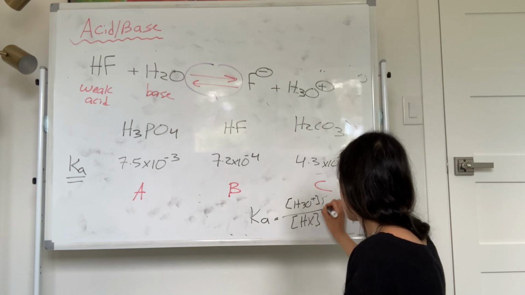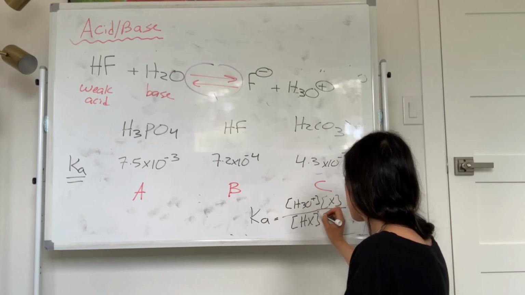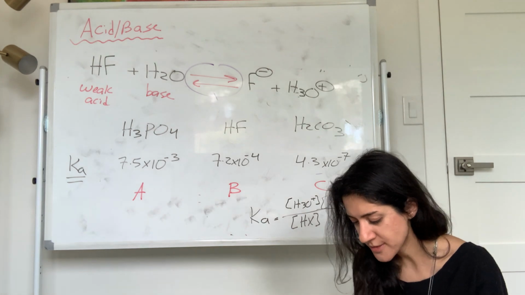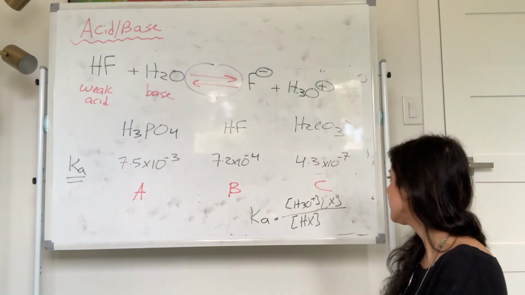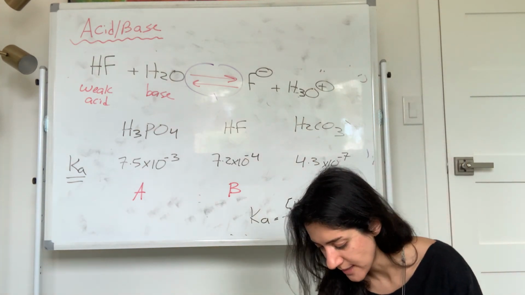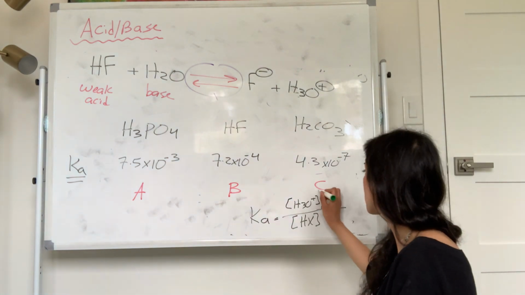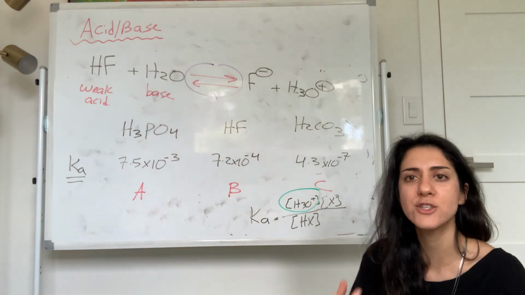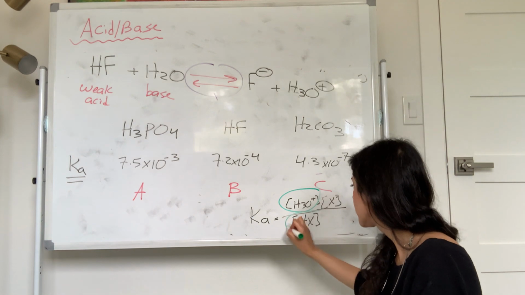I'm just going to put HX here. It doesn't matter what X is. So Ka is basically the product over reactant, and the product is going to be hydronium, or H plus, over the acid.